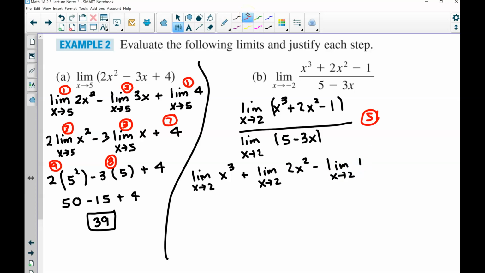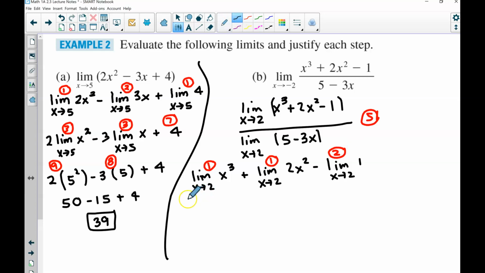Now let's write down what each one represents. Well, this one is 1. This one is also 1. And then this last one, subtraction, which is 2.